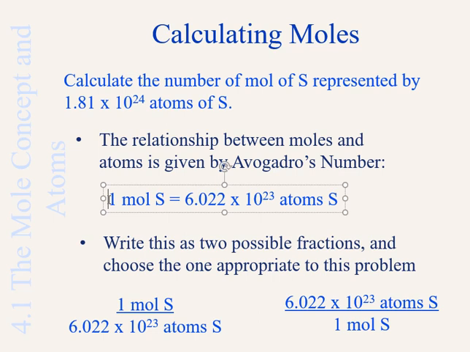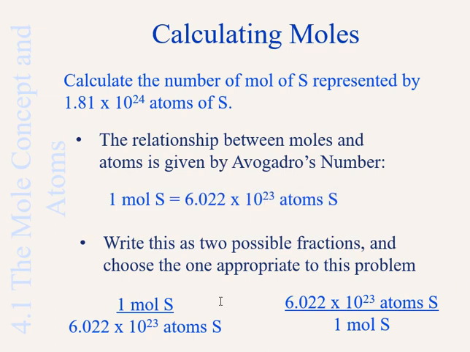And this will be true for any atom. Like I told you previously, if I have 1 mole of humans, that's 6.022 times 10 to the 23 humans. If I have 1 mole of marbles, that's the same number but in marbles. Similarly, if I have 1 mole of sulfur, that's that many sulfur atoms.